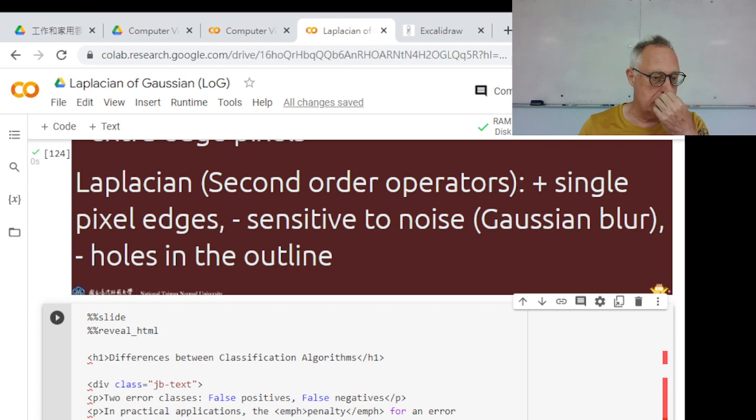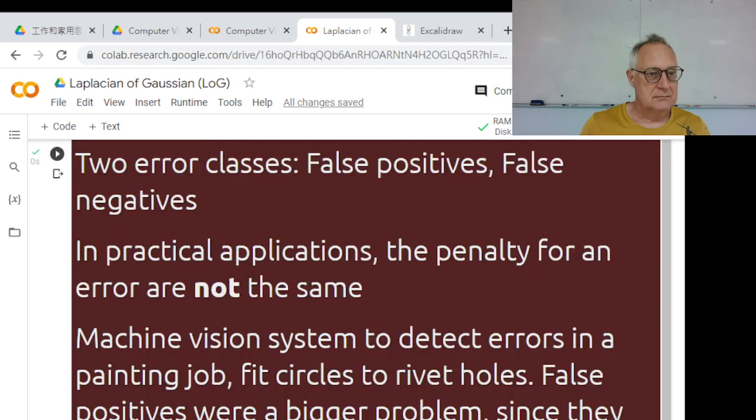Because if you say it's not moist, but you put it in the bag, then the customer would never want to buy it. And this kind of trade-off, it's very important to realize in lots of different applications of machine learning and AI.